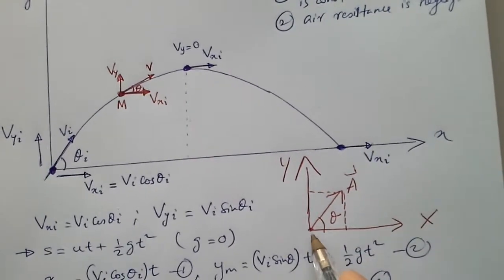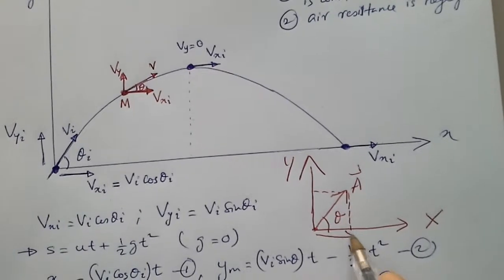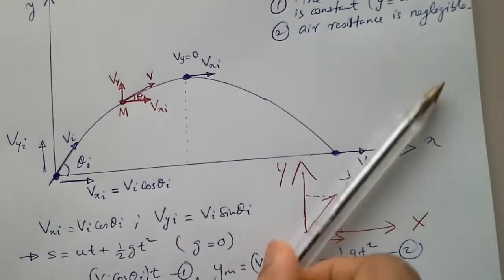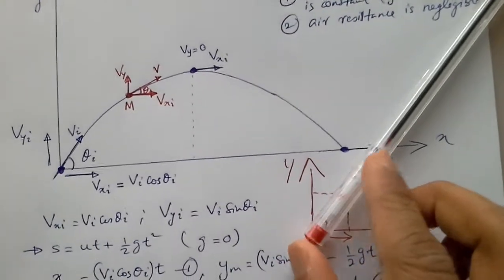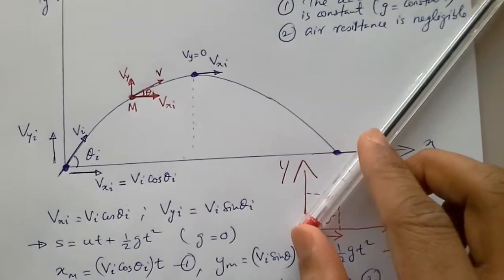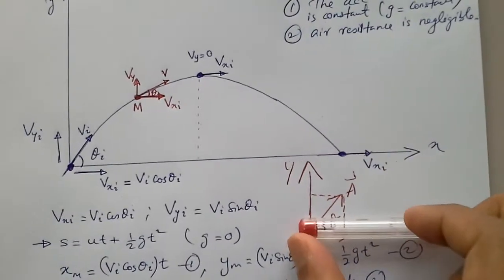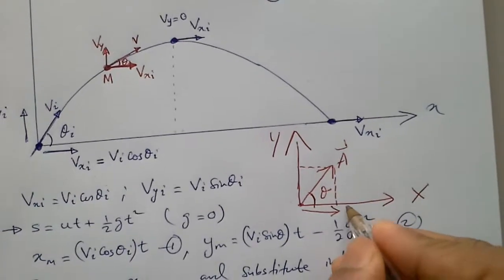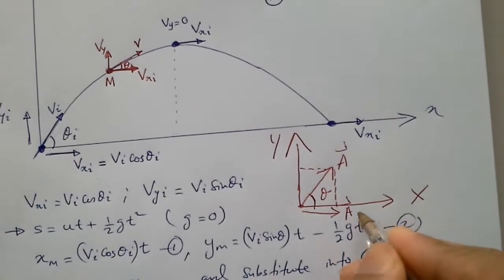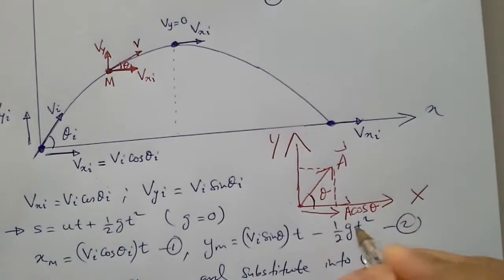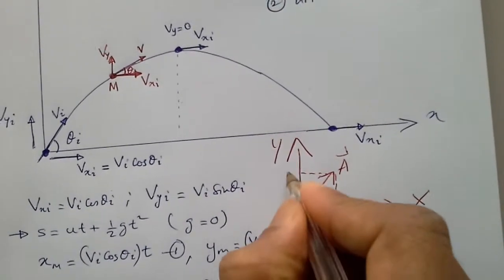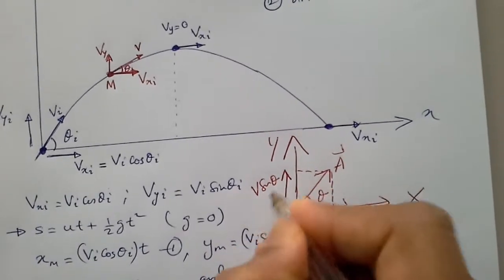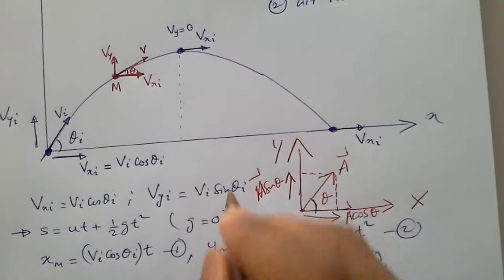If you divide along this theta direction, we call it A cos theta, and this other component we call A sin theta.